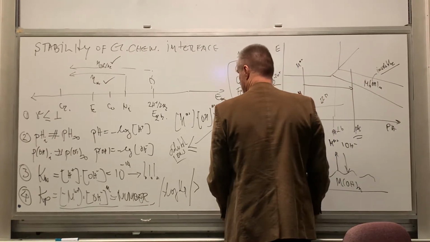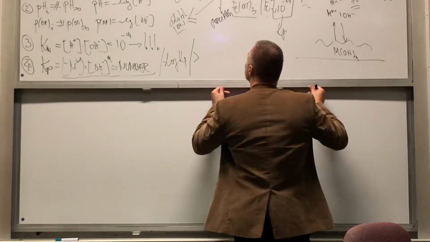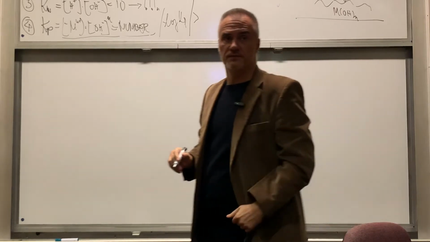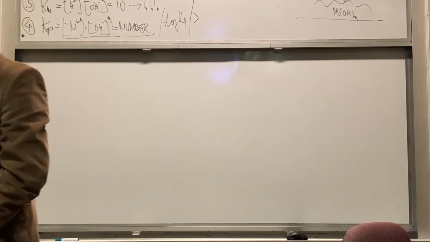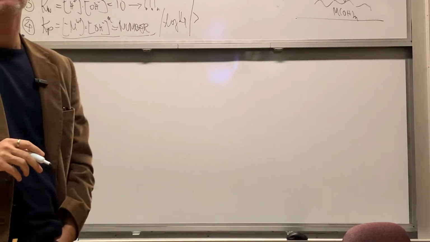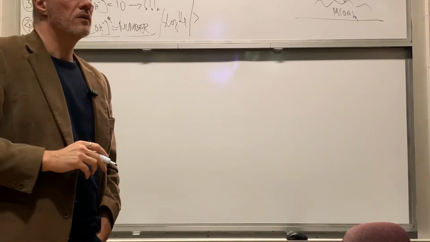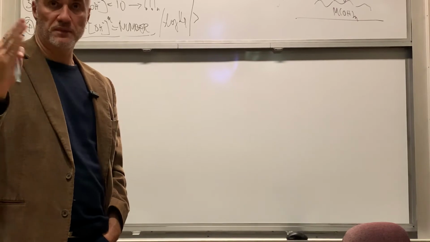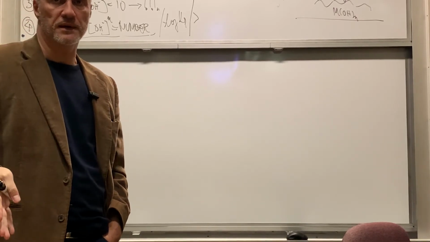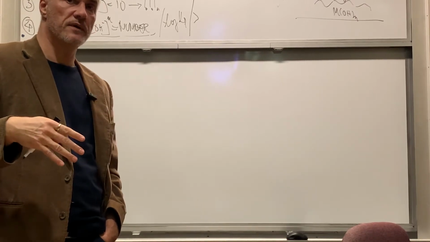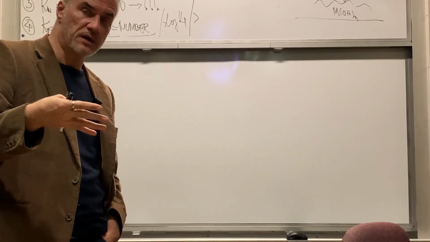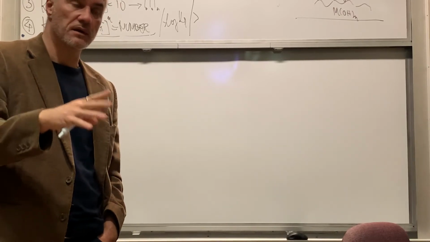Okay, so now let's become a little bit more quantitative. No, the deposit itself is not pure metal, that's number one. It has a lot of hydroxide incorporated in there. That hydroxide itself is basically creating a phase mixture between the metallic part and the oxide part.